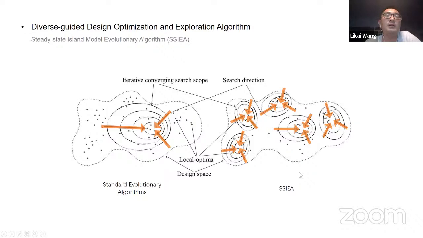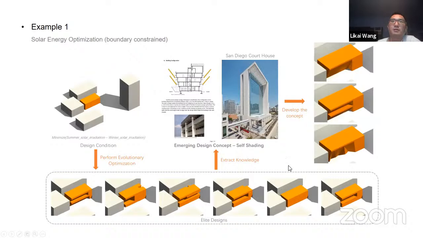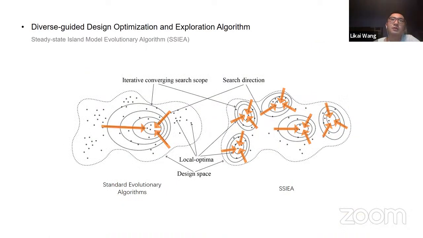The other component of EvoMass is the evolutionary algorithm called the SSIEA, which stands for the steady state island model evolutionary algorithm. This algorithm is an improvement on the standard evolutionary algorithm, because the standard evolutionary algorithm, like the conventional optimization algorithm, will converge into one region in the design space.